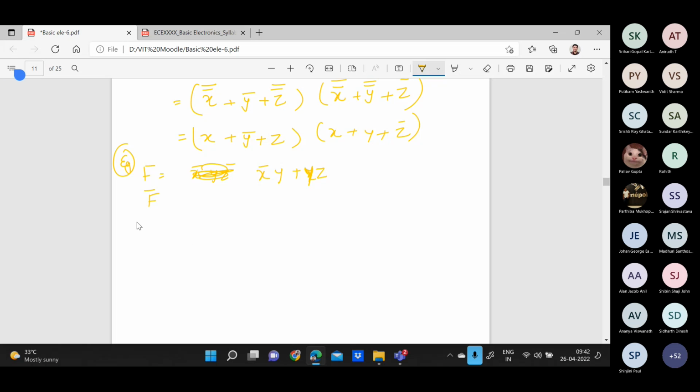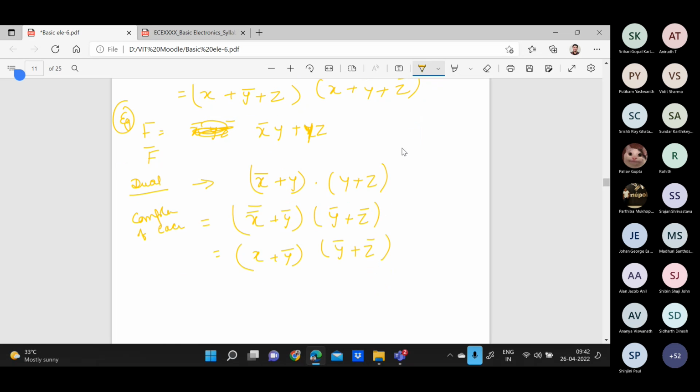What will you do? Take the dual of the function. Dual means changing the operators, so it will be x bar plus y dot y plus z. Now you have to complement each literal, so it will give you x double bar plus y bar dot y bar plus z bar. And double bar is equal to a single bar, so x plus y bar plus z is your answer.